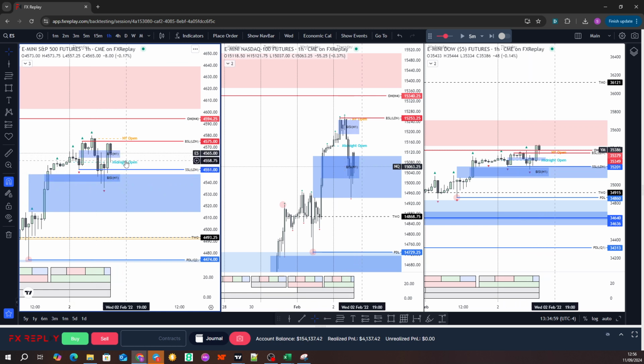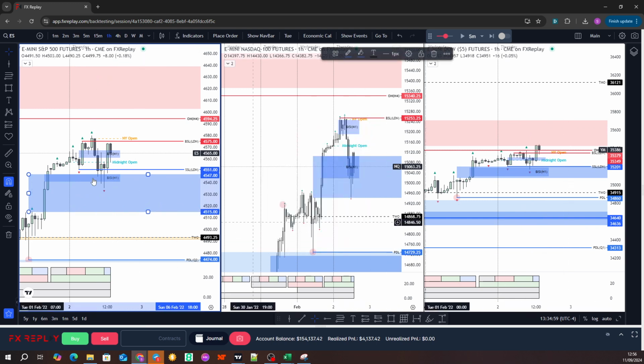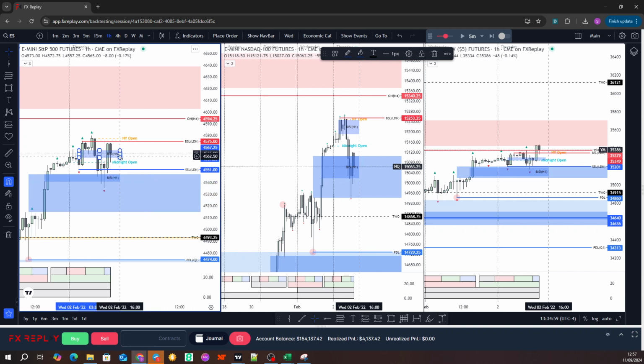I'm thinking about football. Got football on my mind. Traded down into the BISI and into this 4-hourly BISI, and then we've seen a rejection. This BISI H1 hasn't held. Traded down and back through. So that, to me, we don't need that.